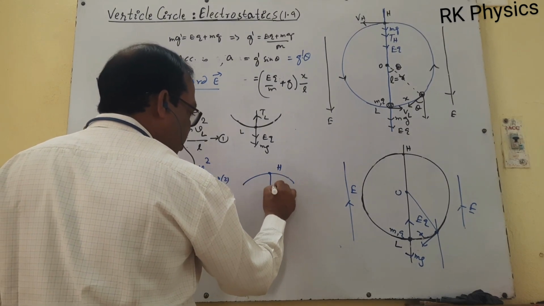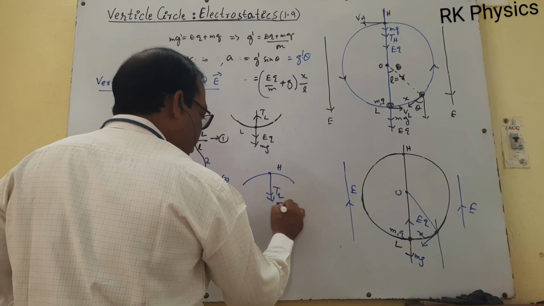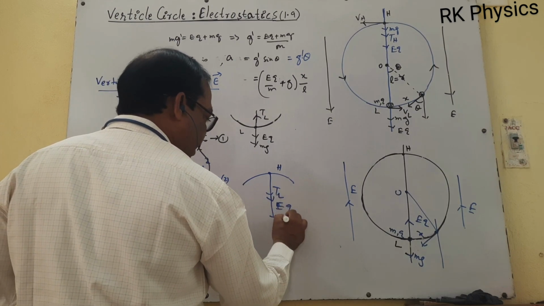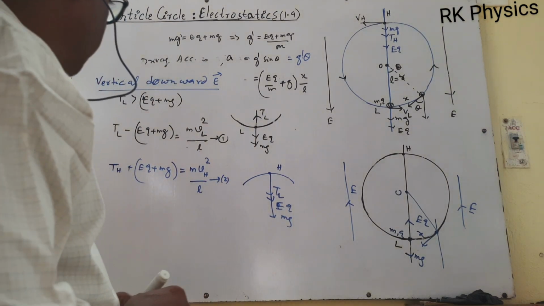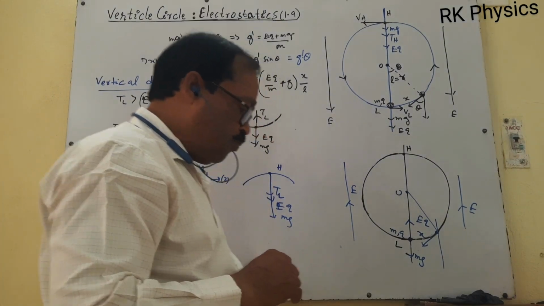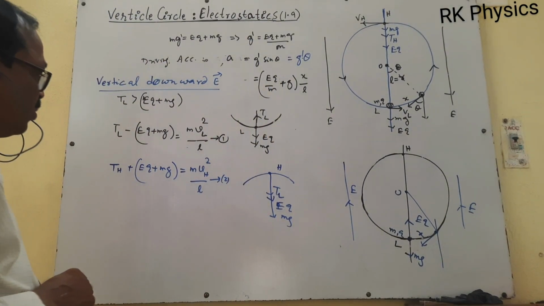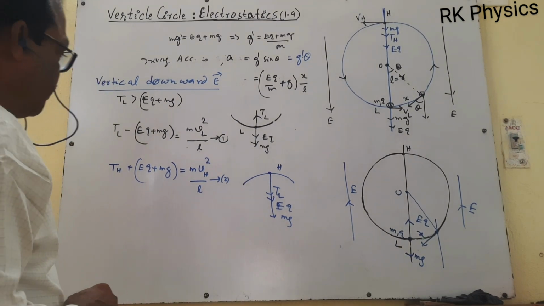This direction is TH, highest point. This direction is EQ. This direction is mg. So all are combinedly providing the resultant centripetal force, that is mv square by L, where VH represents the velocity at that point.